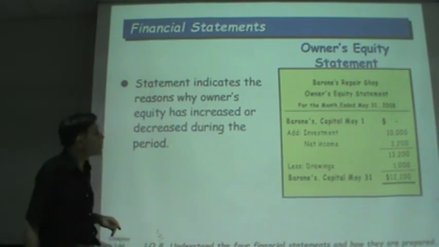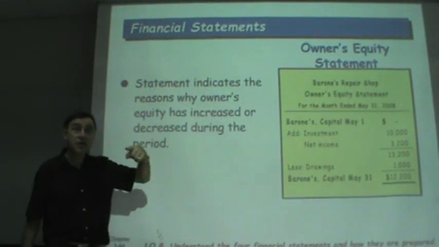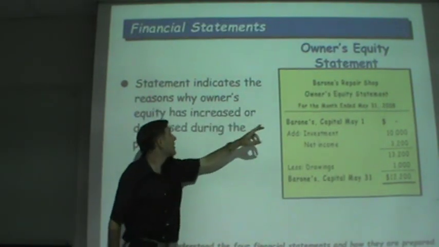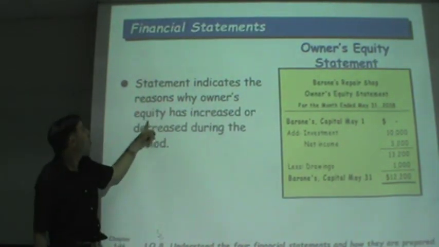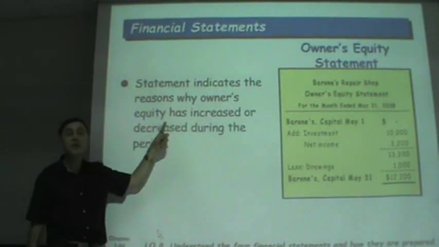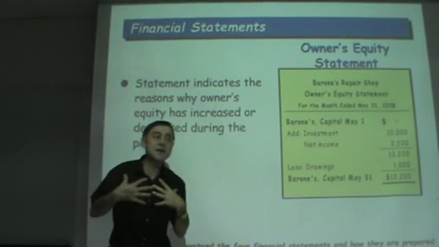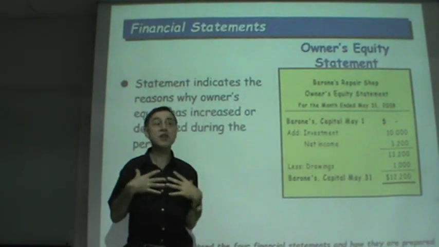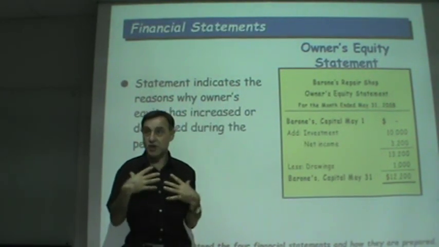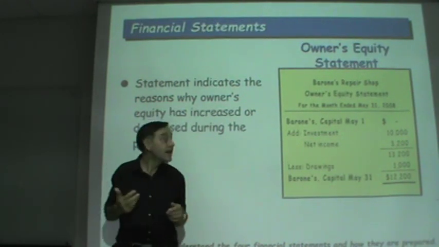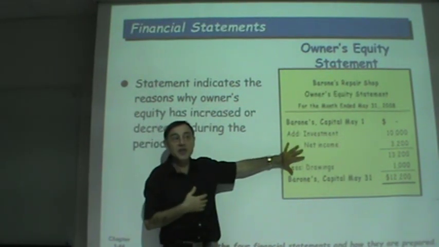Owner's equity continues, simply indicates why owner's equity increased or decreased. It's a simple explanation of what happened to the owner. So, if you own a little restaurant, this is the most important piece for you.